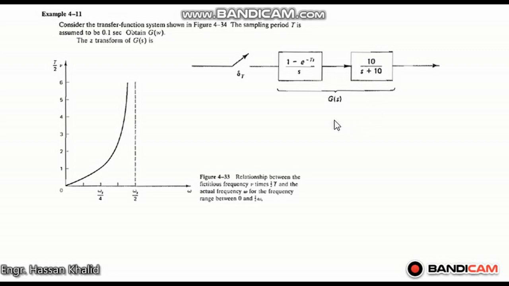First of all, we will obtain G(z), and next we will transform that z into the omega plane. You can also see the relationship between the actual frequency and the fictitious frequency along the y-axis.